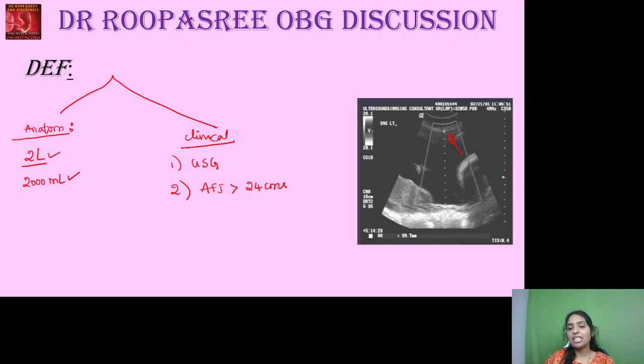Okay, see, as I have said initially, we divide the abdomen into 4 quadrants. We'll measure the amount of amniotic fluid in each quadrant and add it. The final result we will tell the patient.